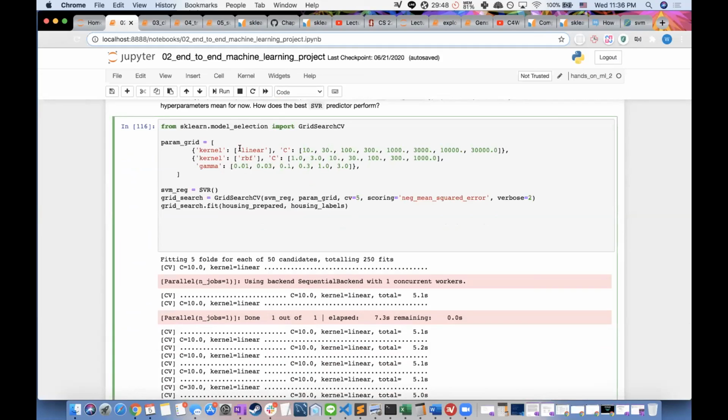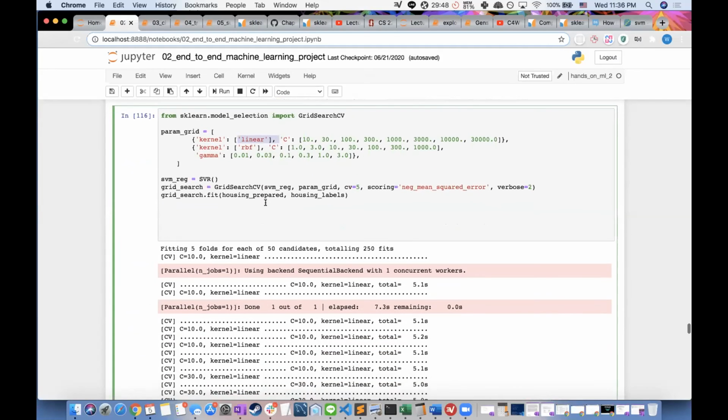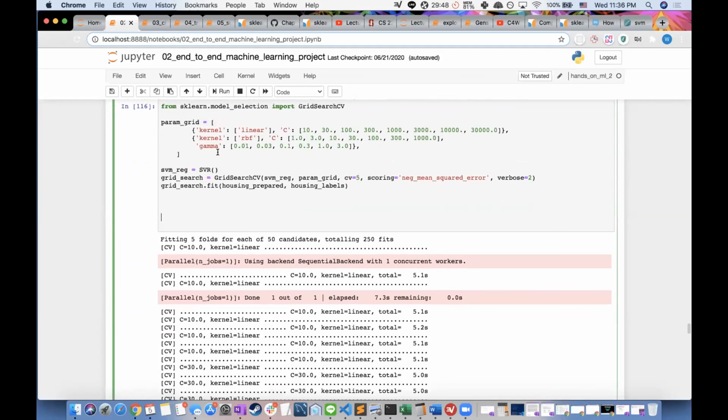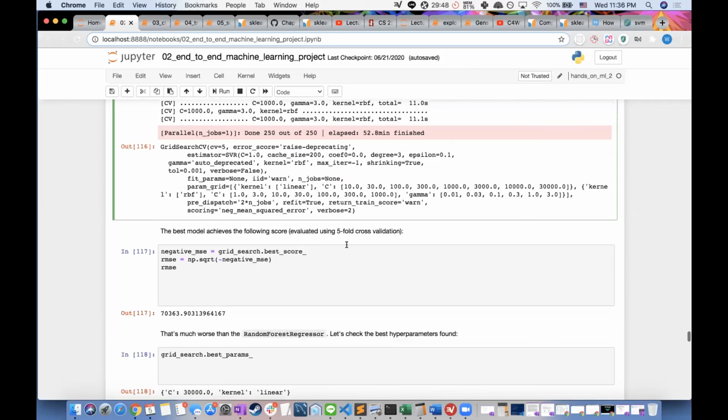You can do linear, RBF. You can do C. You can do gamma. I'm sure you can do learning rates as well. And you just call GridSearchCV, instantiate it, and feed it in. That's it.